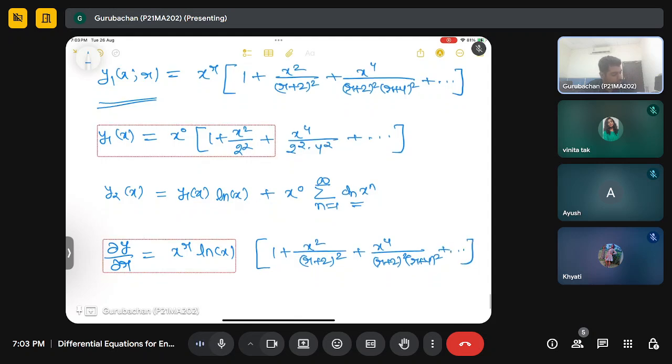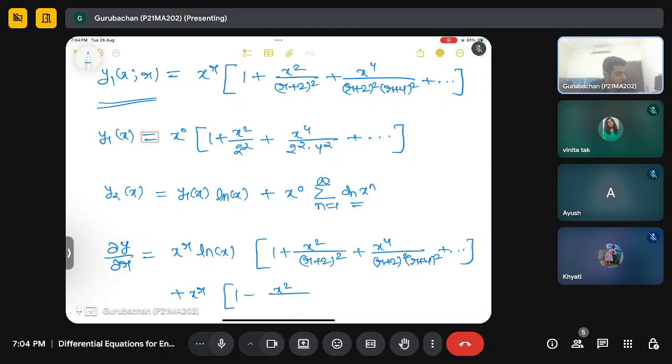The other one will be x to the power r as it is, and you have to differentiate the other term with respect to r. So 1 minus x square divided by (r plus 2) whole cube, and x to the power 4 divided by (r plus 2) whole square (r plus 4) whole square. You will get two terms here: you have to differentiate two factors.